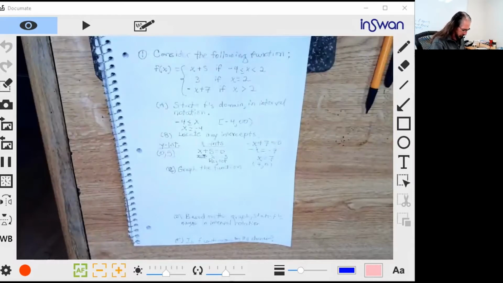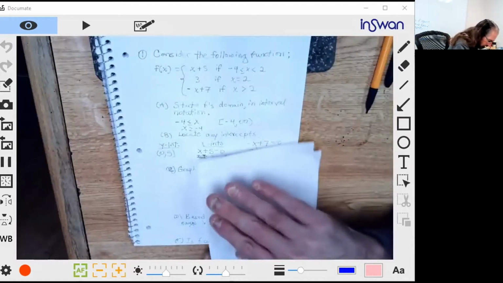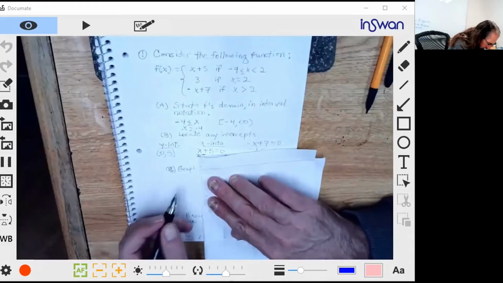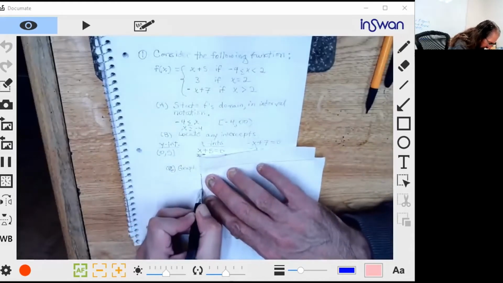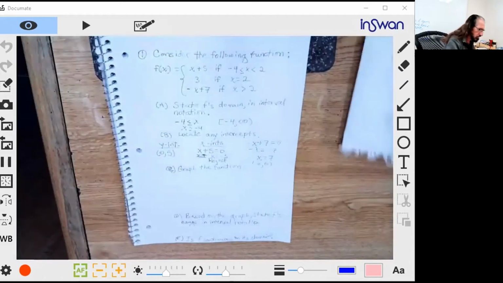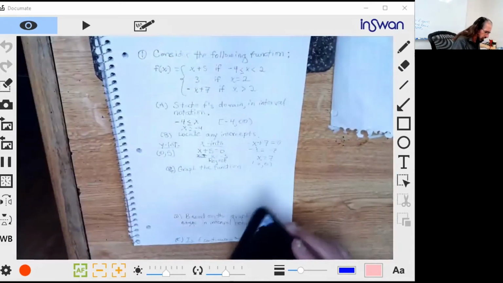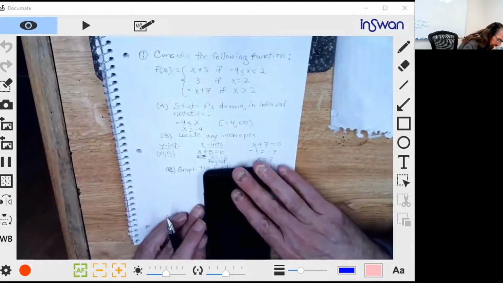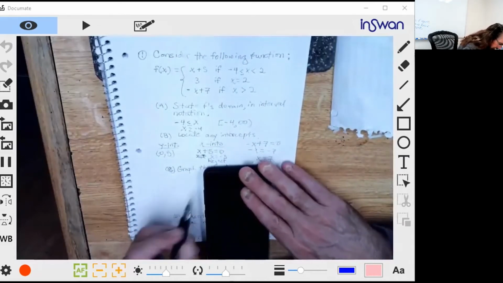So we should aim to see in the x direction at least from -4 to +7.